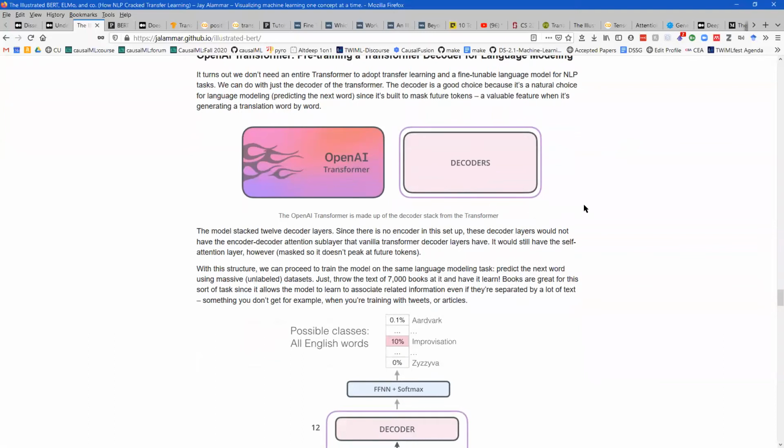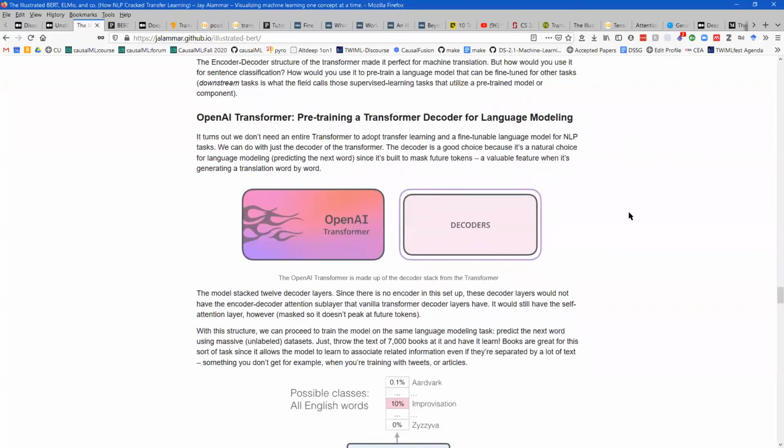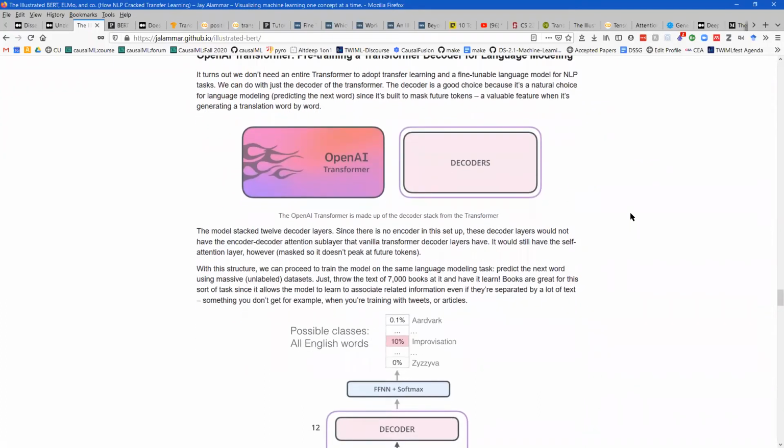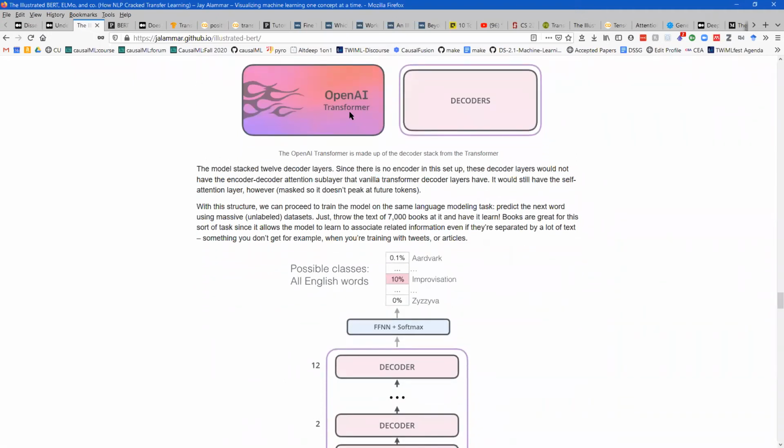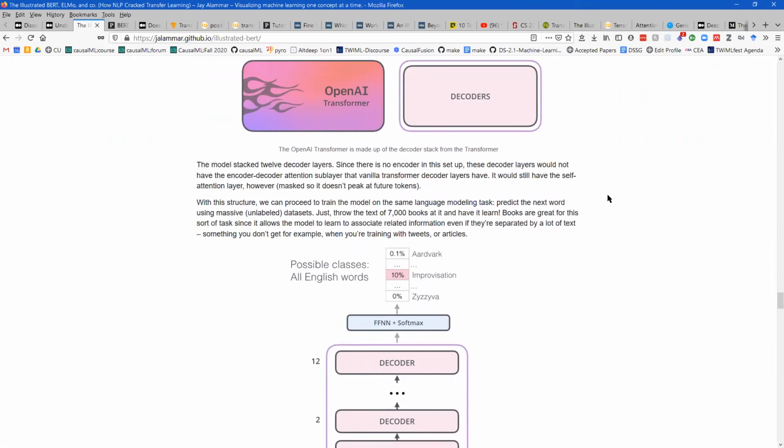I guess the idea is they're just taking, remember the stack from the transformer paper, there was a left-hand stack of encoders and a right-hand stack of decoders. So OpenAI just uses the decoder part of the transformer. That's just this high-level slide.